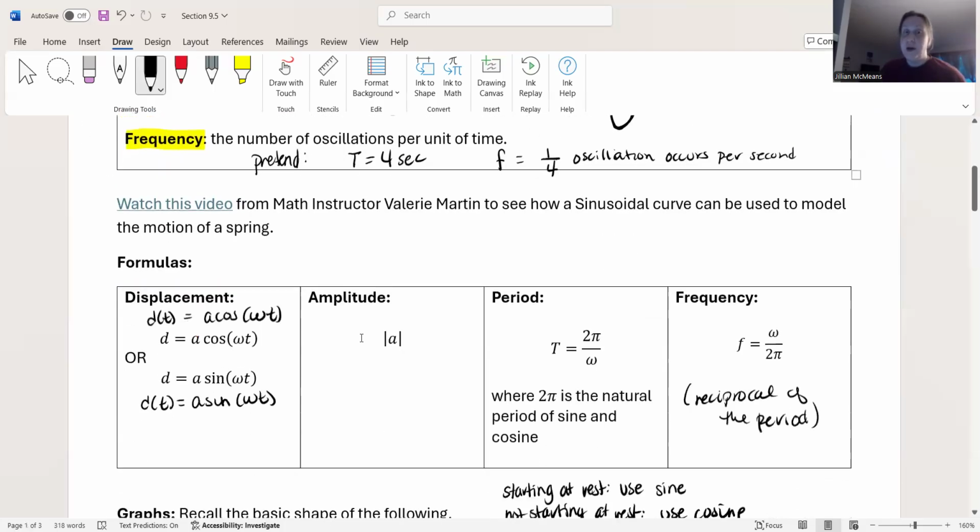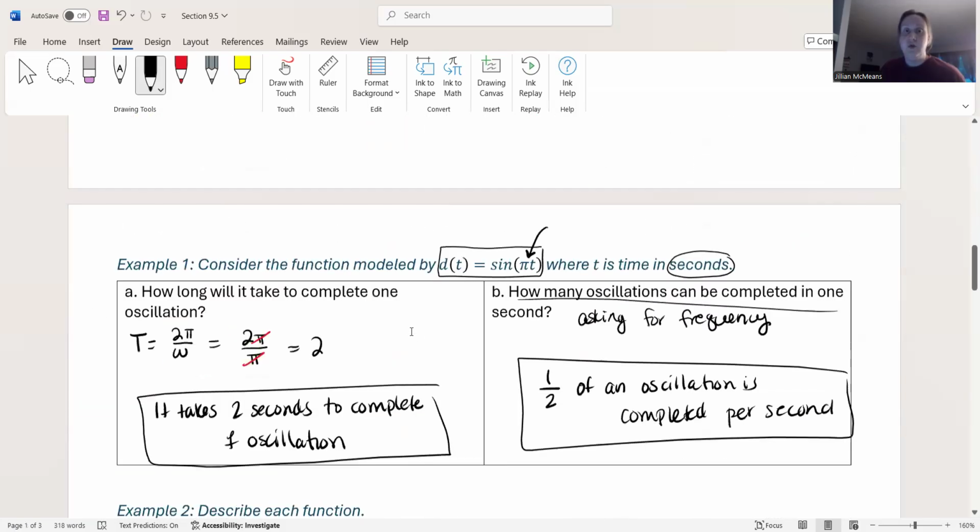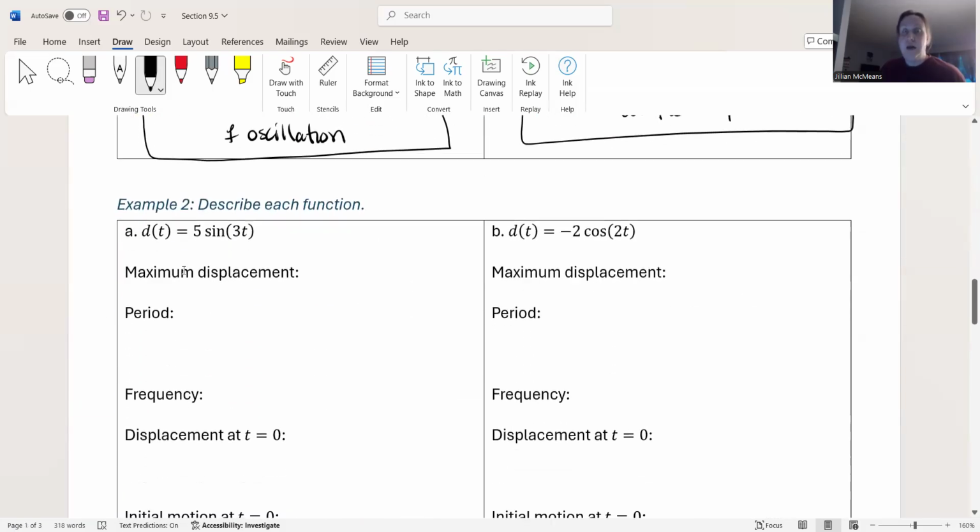And remember, the amplitude is the absolute value of the coefficient, the multiplier of cosine or sine. So when we come down here, we have 5 times sine of 3t. So the maximum displacement is going to be the absolute value of 5, which is just 5. So the maximum displacement is going to be 5 units up or down from rest.